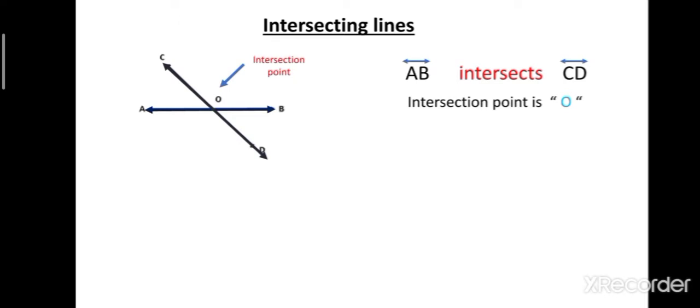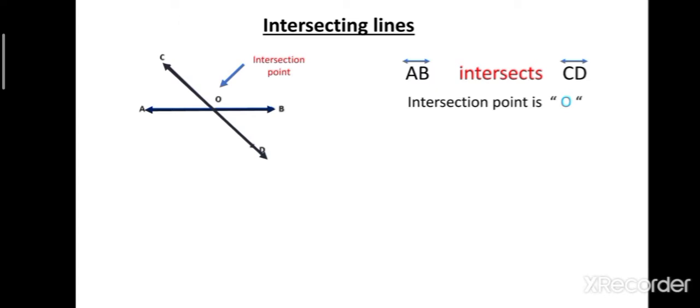The intersection point is the point where the two straight lines meet with each other. So the intersecting lines are two lines that cross over with each other, having a common point called the intersection point where they meet. Here we have our intersection point O.